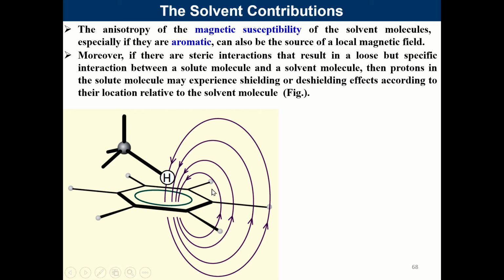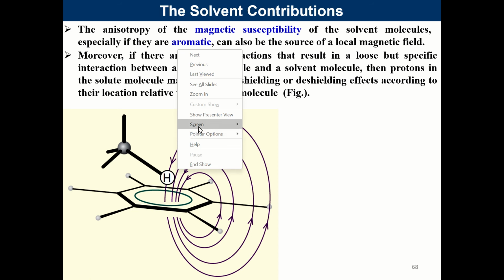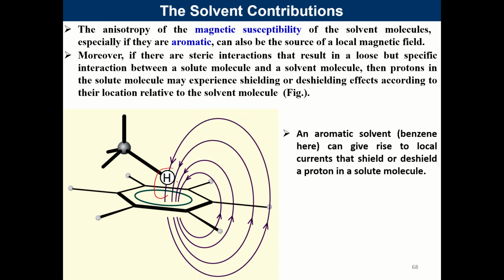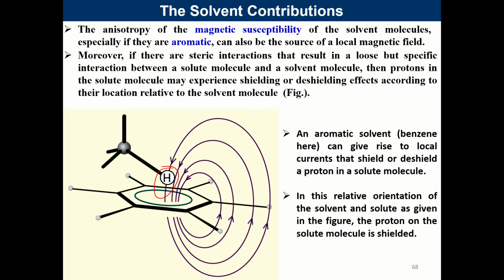And if it is lying here as shown in the picture, then it will be a shielding effect. Okay, so that will lead to cancellation of the applied magnetic field, and that means you will have to apply a greater magnetic field to make it come into resonance with the fixed source of radio frequency.